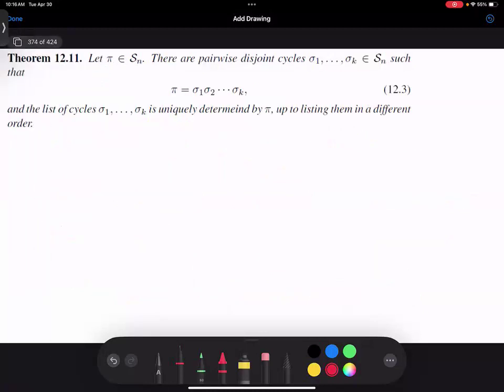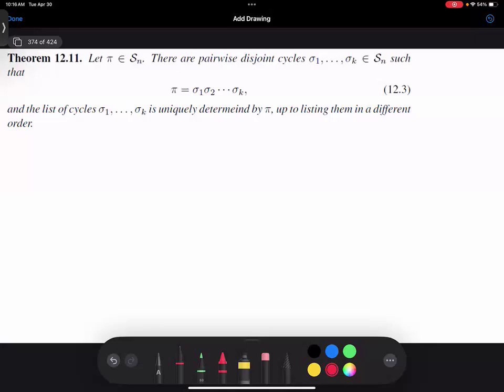So the big result is that you give me any permutation, and I can write it uniquely as a product of cycles, if I put in some additional constraints. And so here, we want the cycles to be disjoint, but I can always reorder them as to which one is first, which one is second, which one is third.